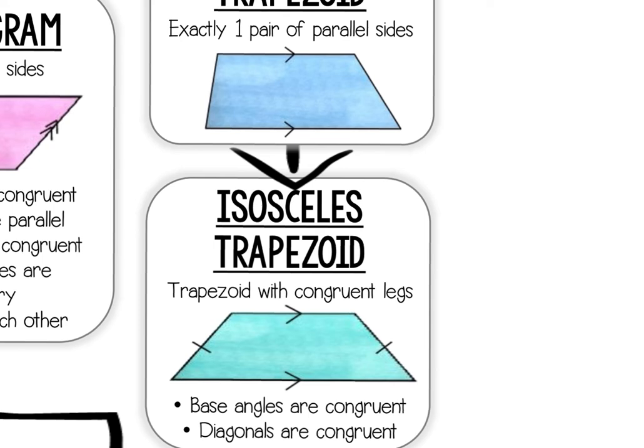Base angles are also congruent. Diagonals for an isosceles trapezoid only are congruent. As far as trapezoids go, if it is an isosceles trapezoid, your diagonals are congruent, meaning they are the same length.